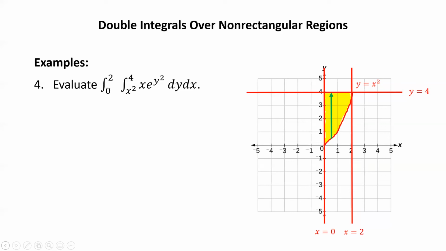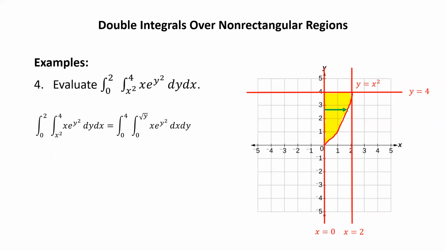We now want to rewrite the integral using it as a type 2 region. So we're now going to think about it going from left to right instead. So starting with the original integral written as a type 1 region, we're going to change it to an integral as a type 2 region by changing from dy dx to dx dy.